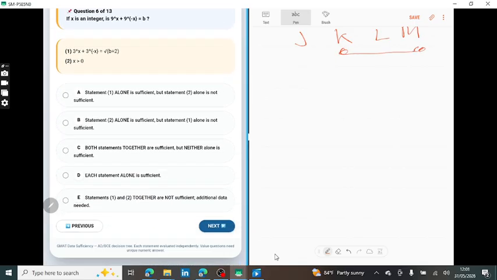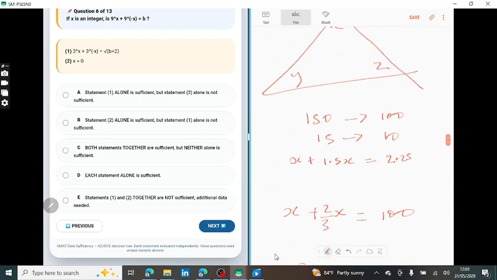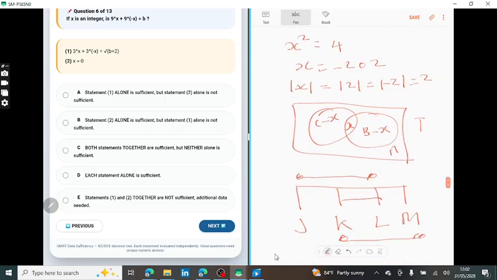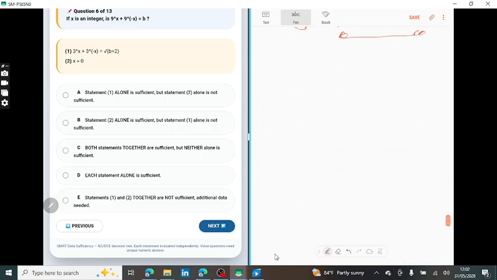Okay, this one. So we solved this earlier. So here is the solution. It was a marathon solution. But let me solve it again for you, just for the math's sake. This is n to the power s plus n minus s equals b. So if we are working with the first statement, which is 3 to the power s plus 3 to the power minus s equals root b plus 2.